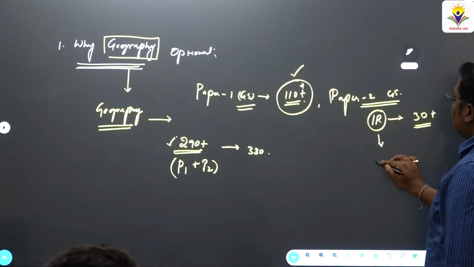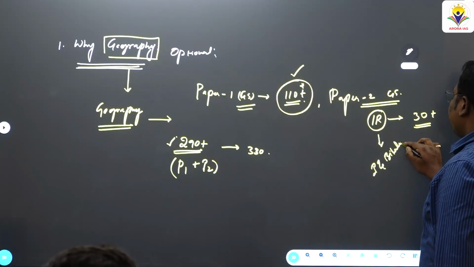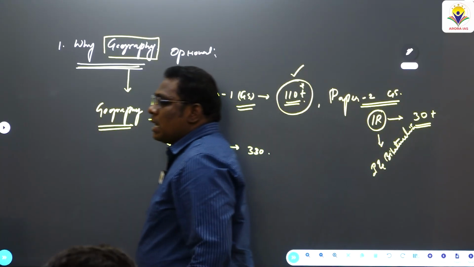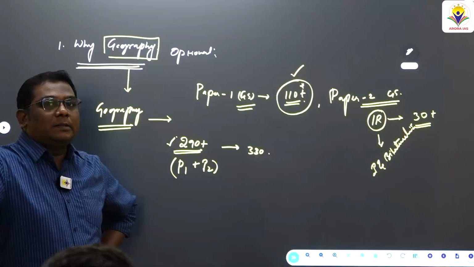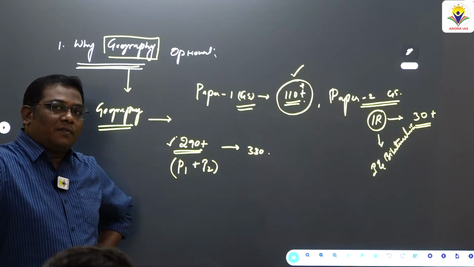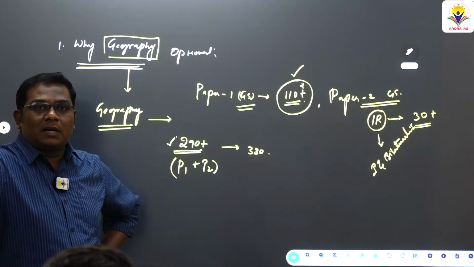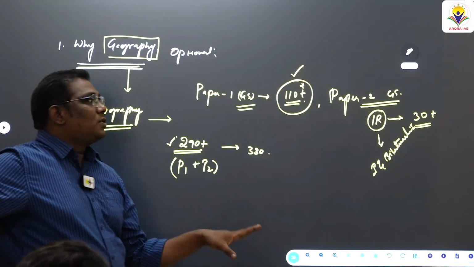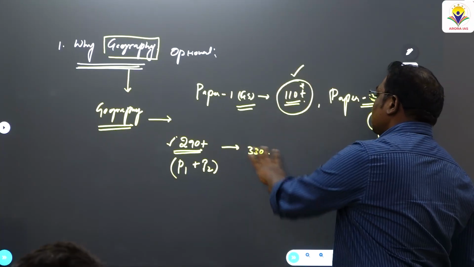In international relations you will study India's bilateral relations, the disputes, the solutions, the contemporary issues, and the stand of the United Nations with respect to border issues of India and Pakistan, or India and Afghanistan, or India and China. All these have an overlap of 30 plus marks with the optional.